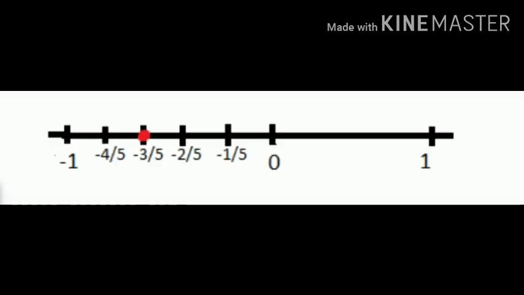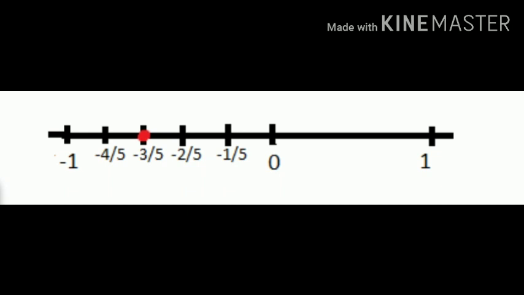See this another example. Now the red mark is at -3 upon 5, meaning to say we have represented -3 upon 5 on the number line.